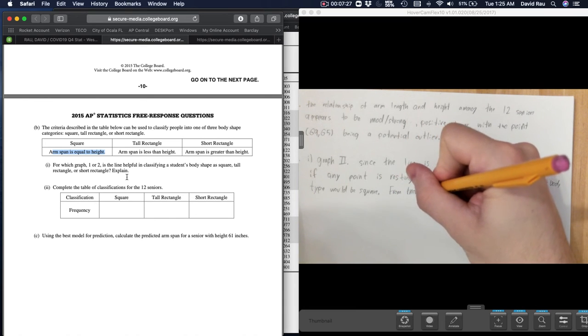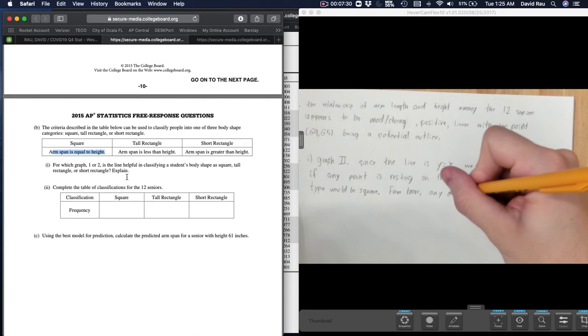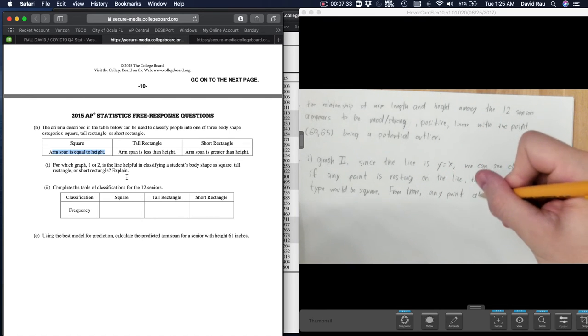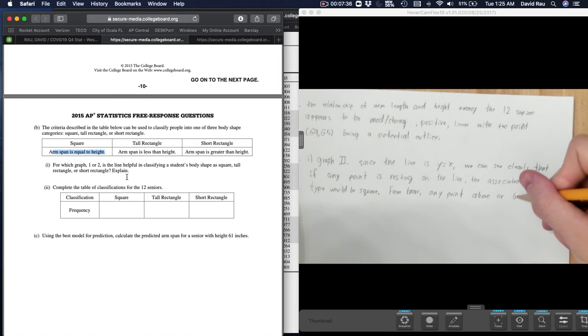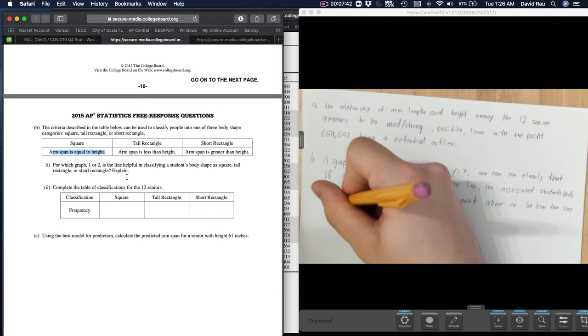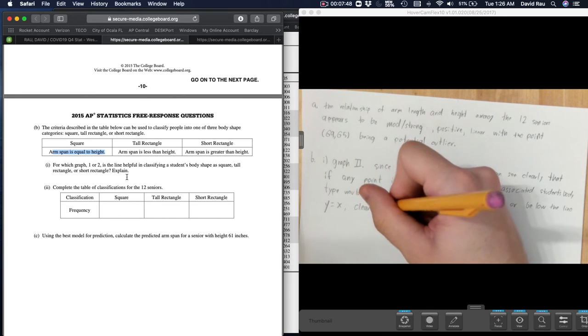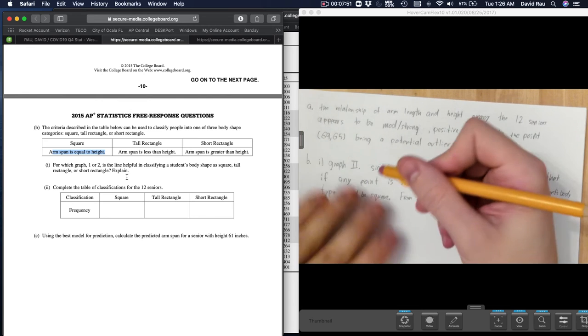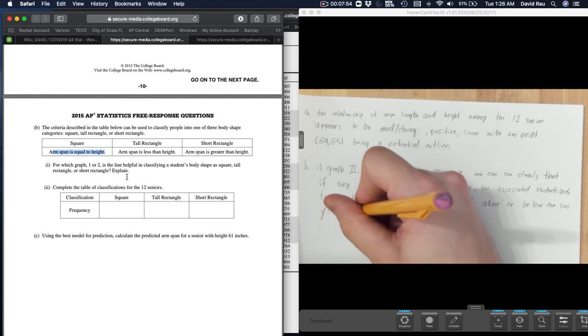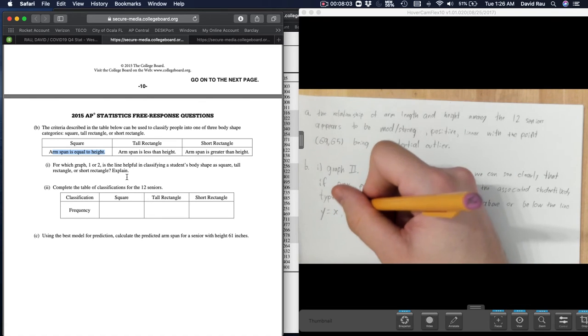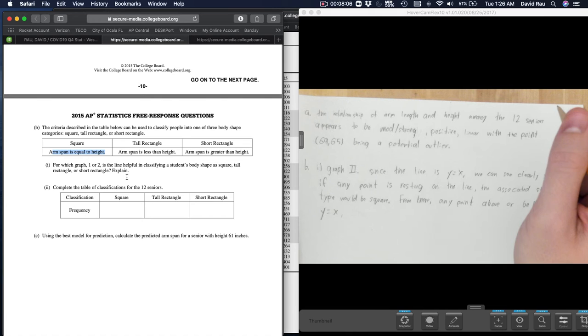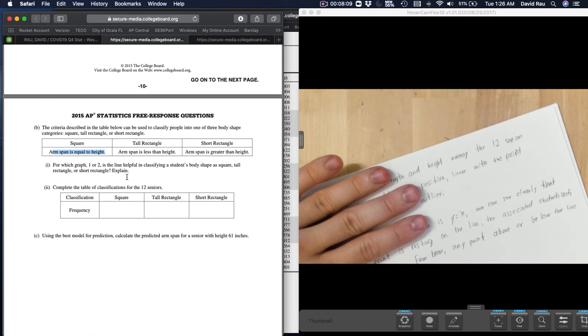From there, any point above or below the line y equals x. I'll write it like this.